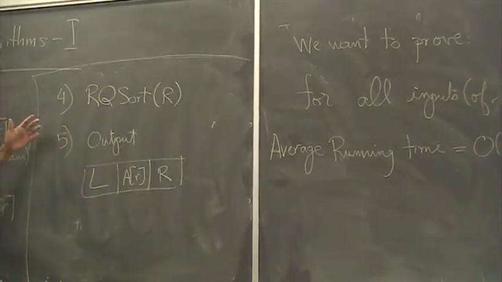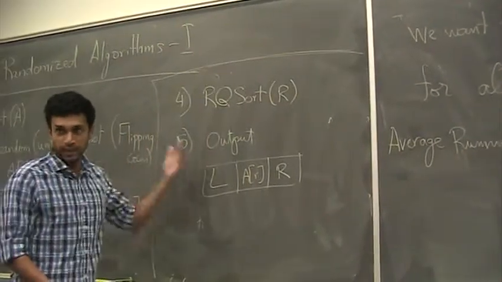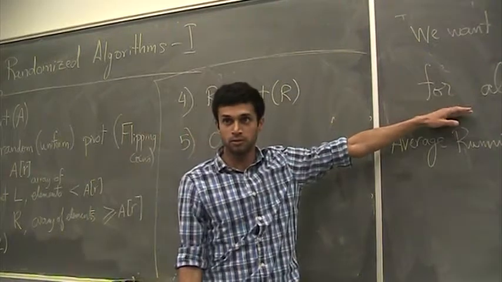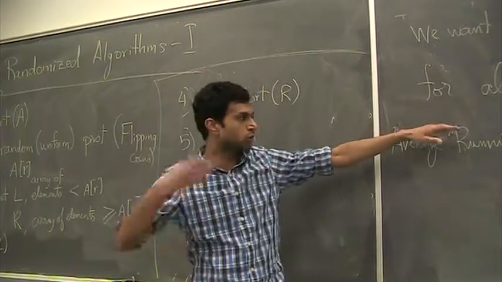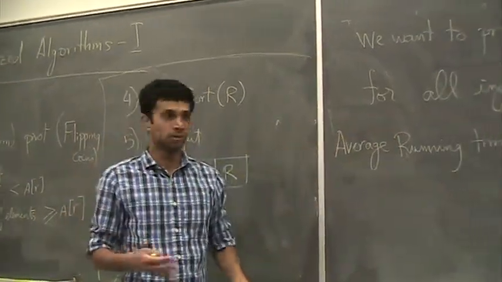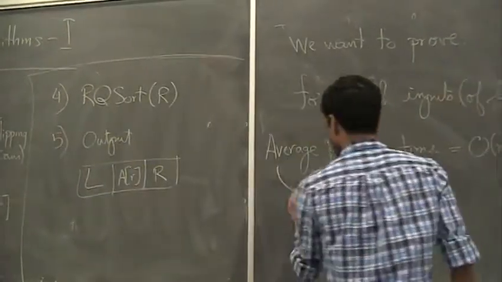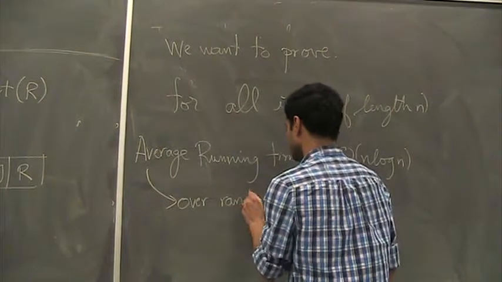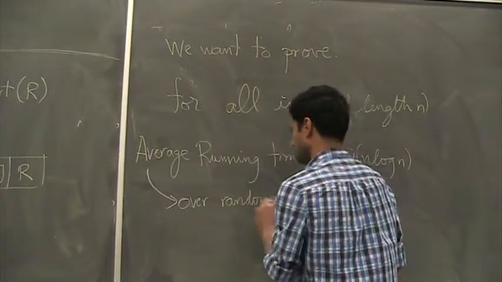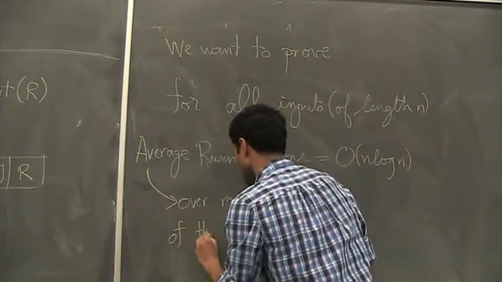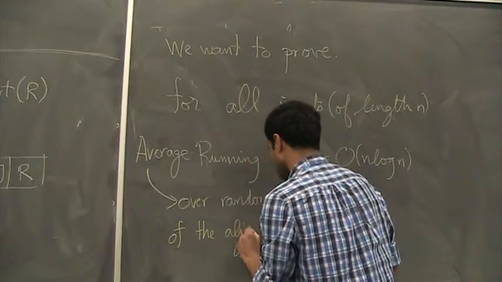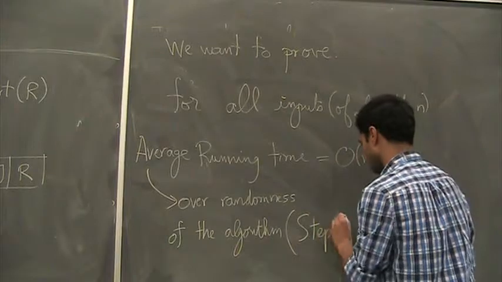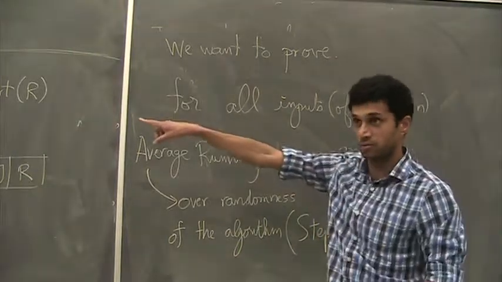You want to say, if you ran this over and over again for the same input, you fix an input and run it over and over again and see what the average is going to be. So this is the average over the randomness of the algorithm, which in this case is step 1.